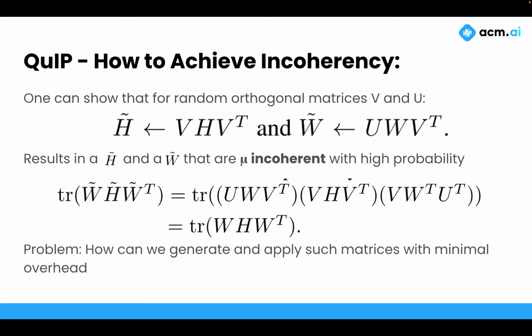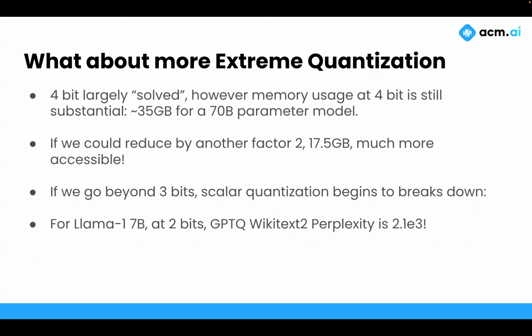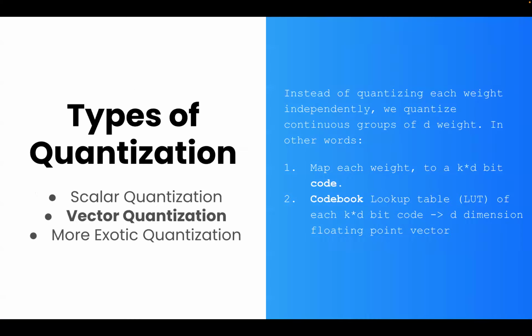I'll talk about vector quantization in a bit, and for that, that's where the lookup table becomes a very non-negligible overhead. So what is vector quantization? Basically, instead of quantizing each parameter independently, we quantize groups of D parameters. We map each of those vectors to a K times D code.